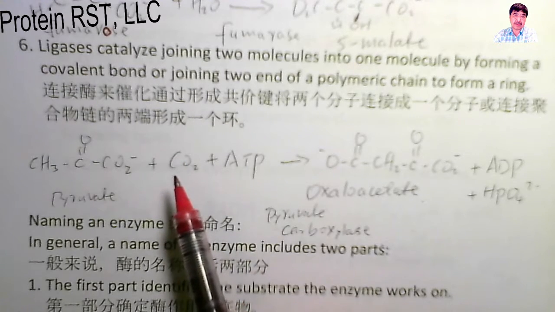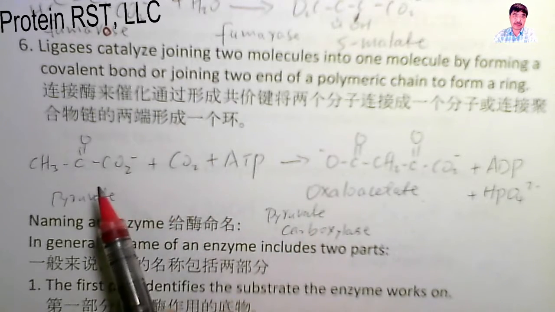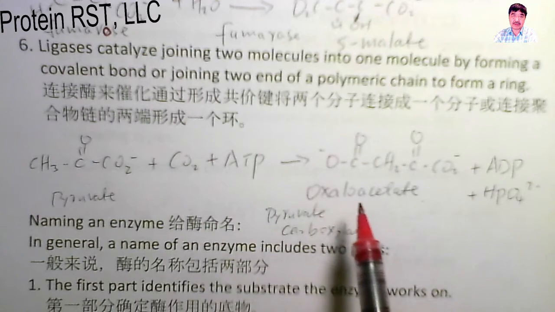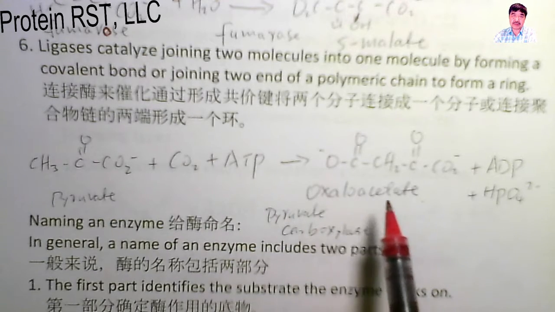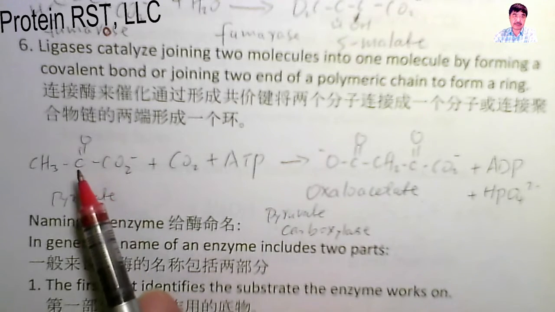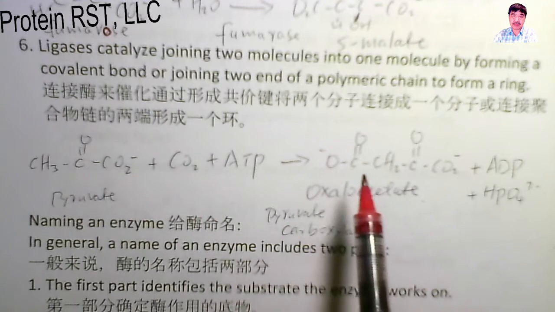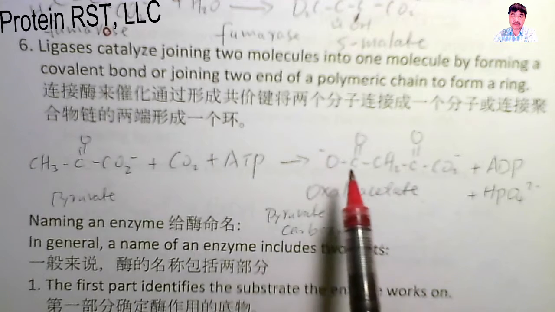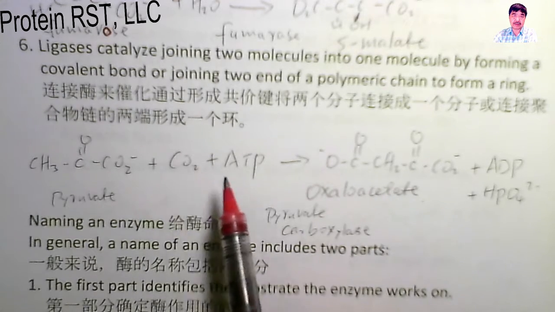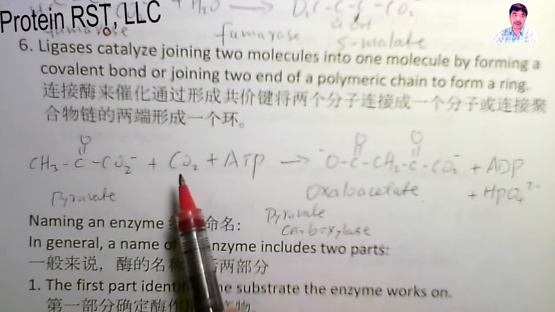and carbon dioxide. They link together to form oxaloacetate. And you see this pyruvate has 3 carbons here, and oxaloacetate has 4 carbons, 1, 2, 3, 4, because the additional carbon in this molecule comes from the carbon dioxide.